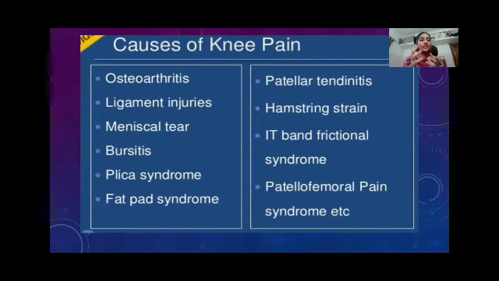If all these change, what happens is this: the causes of knee pain, like osteoarthritis, ligamentous injury, meniscal tear, bursitis, synovial plica syndrome, fat pad syndrome, patellar tendinitis, hamstring strain, IT band friction syndrome, patellofemoral pain syndrome, etc. These are all diseases which can occur, some due to the tibiofemoral joint and some due to the patellofemoral joint, and many more other conditions too, which cause knee pain due to abnormality in the biomechanics of the knee joint.